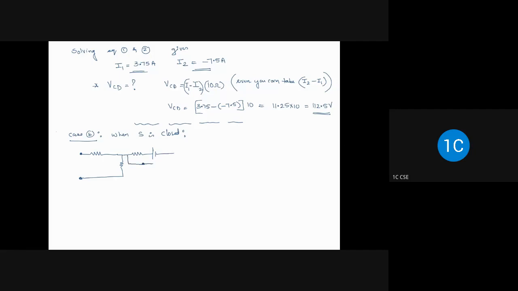The switch is closed, that means there is a least resistance path present across the 1 ohm and 20 volt battery. This is the 100 volt battery, this is 120.